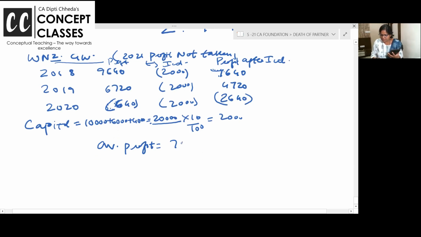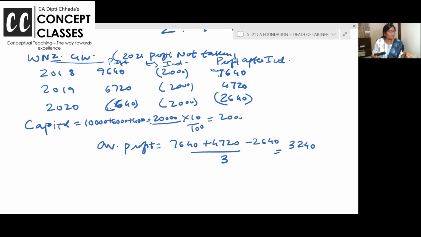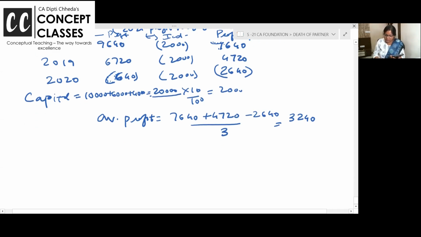Average profit, 7640 plus 4720 minus 2640 divided by 3, 3240. 2 years purchase of average profit of the last 3 years after giving interest on capital. So goodwill is 3240 into 2, 6480.